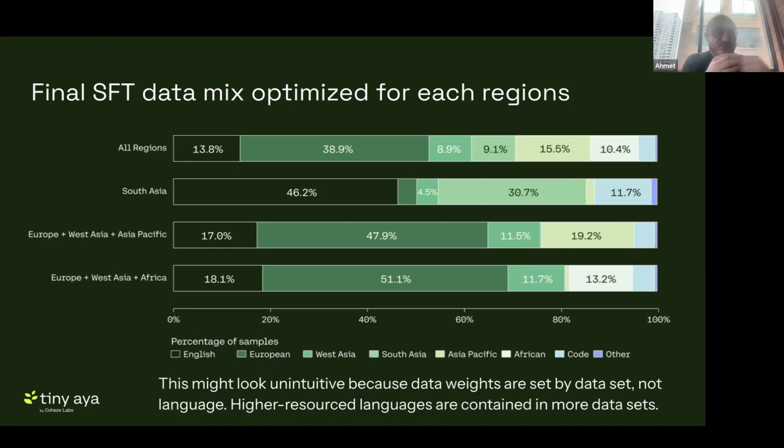For example, European languages and African languages end up being the best also for African languages. That's why this cluster has European and African languages together.